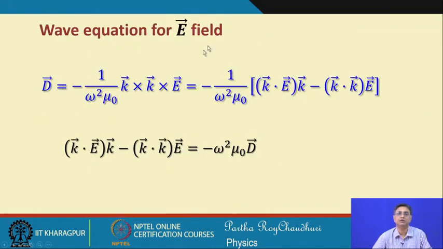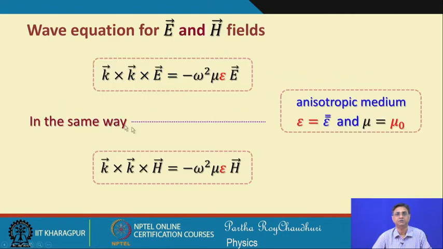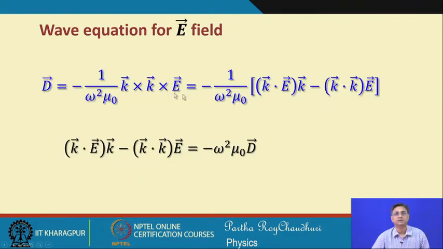So, the wave equation for E field can be written in this form if you just reorganize this equation. Then 1 by omega square mu can be written in this form k cross k cross E. But k cross k cross E, which is equal to k dot E k minus k dot k E, is equal to this, but you know that k dot E is equal to 0.